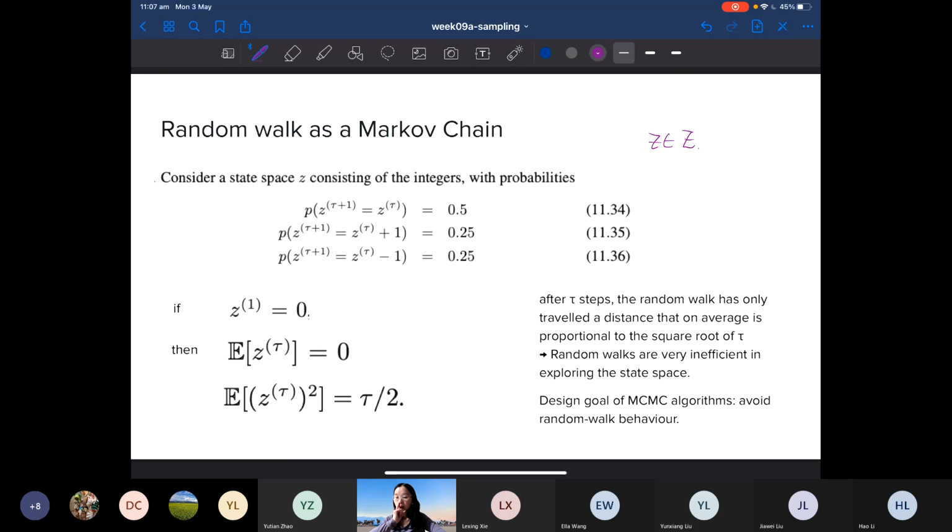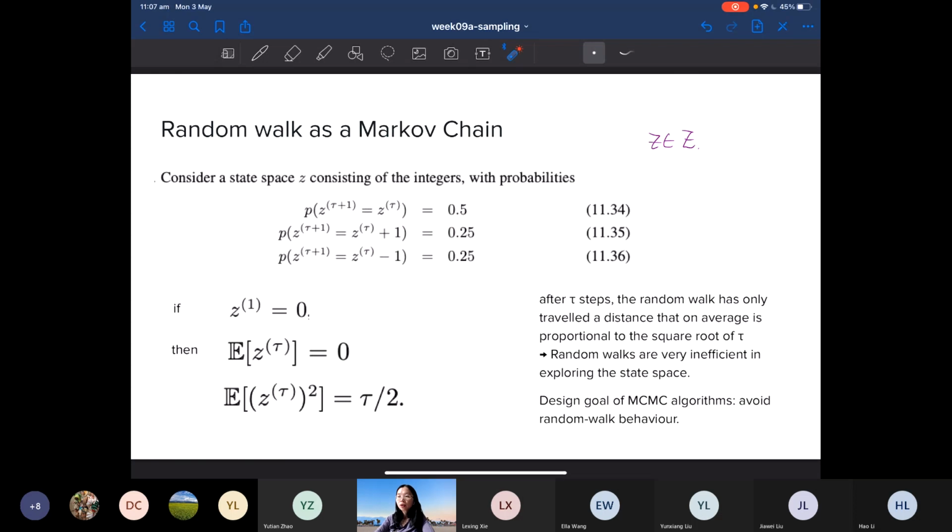Here is the simplest Markov chain sampling algorithm, right? If we start from the origin, just imagine a drunk person starting from the origin, and it takes a step forward, let's say, in the positive direction with probability of a quarter, takes a step backward with a probability of a quarter, and then stays put, in any given step, with half the probability.